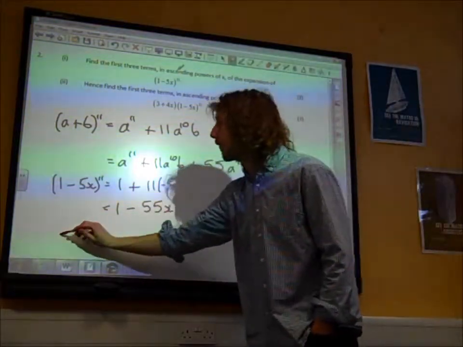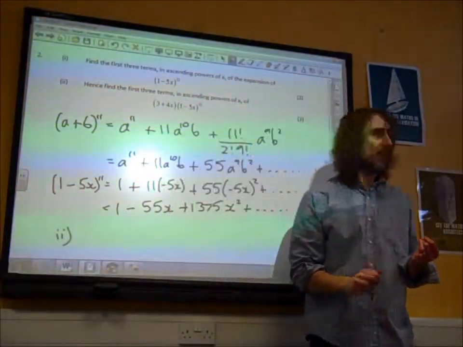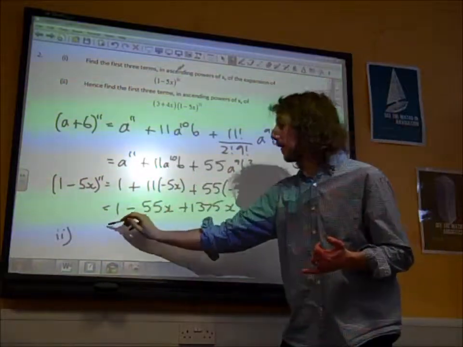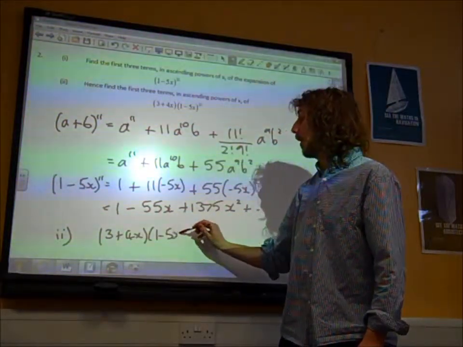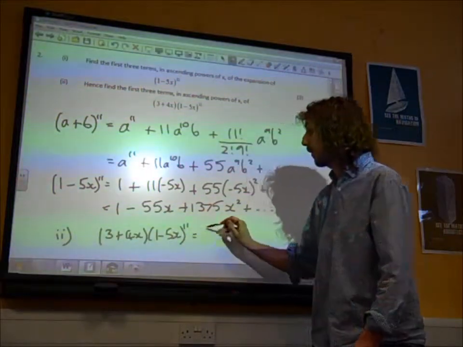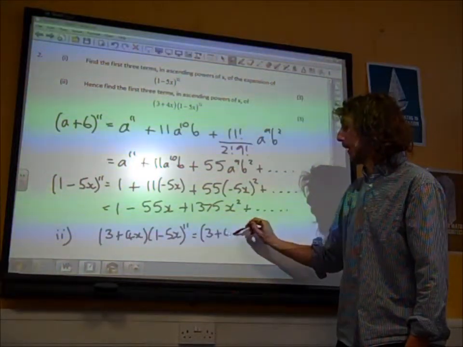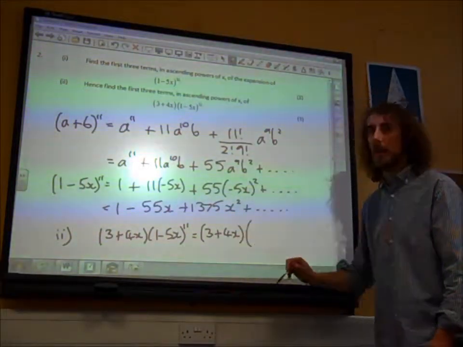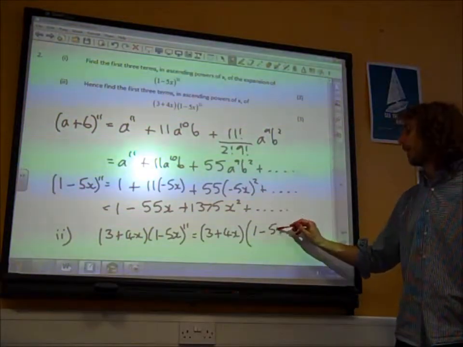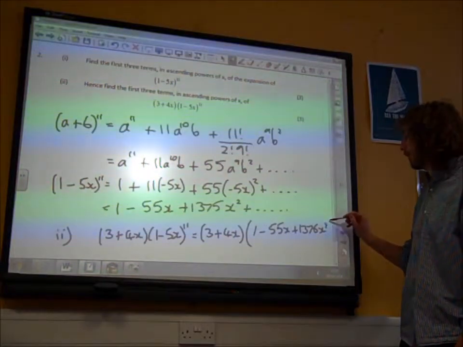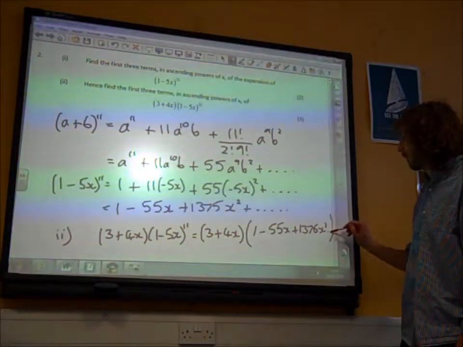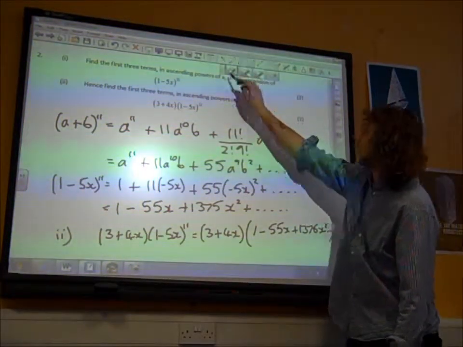For part 2, all this means is that we are multiplying the thing that we've just expanded by 3 plus 4x. So that's that times 1 minus 55x plus 1375x squared.